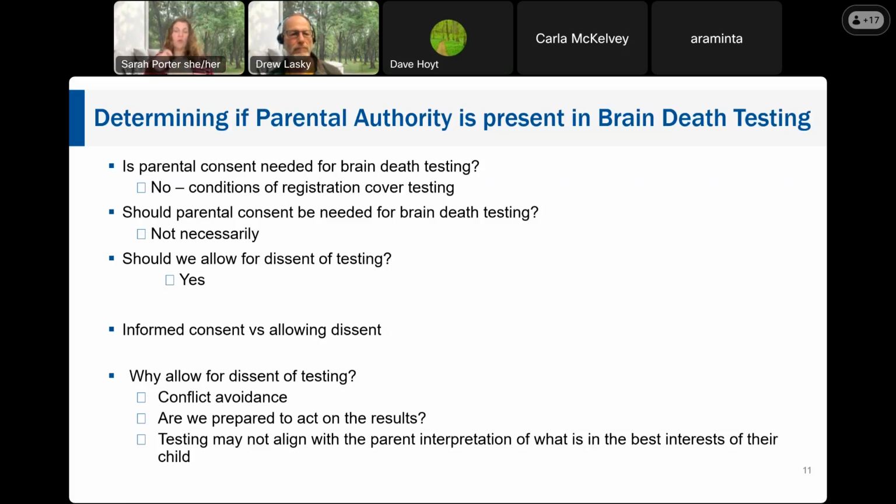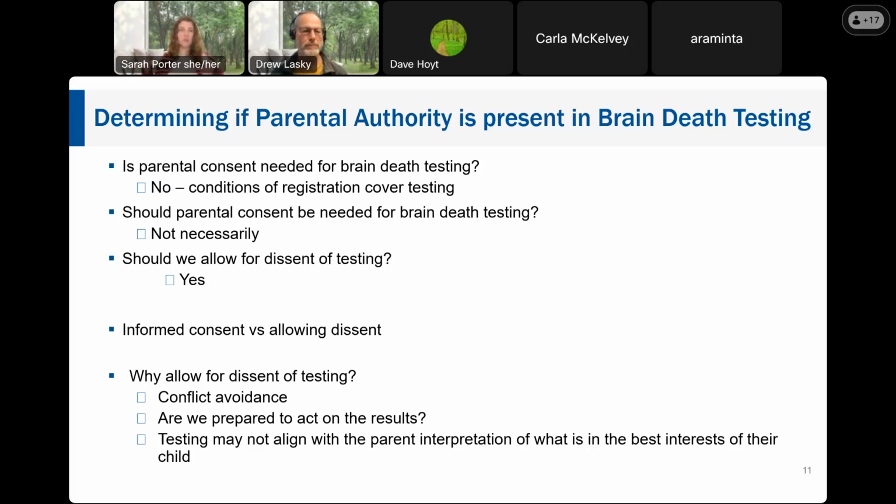And both Drew and I will argue that avoidance of that conflict is important, and it actually should be a goal of what we're doing in pediatric ethics, even though we often don't talk about it. We like to debate what we're allowed to do and what parents are allowed to do, but conflict avoidance is important, not only because it's much harder to move a family once the conflict has set in and each side has declared their positions and they're at a standoff.